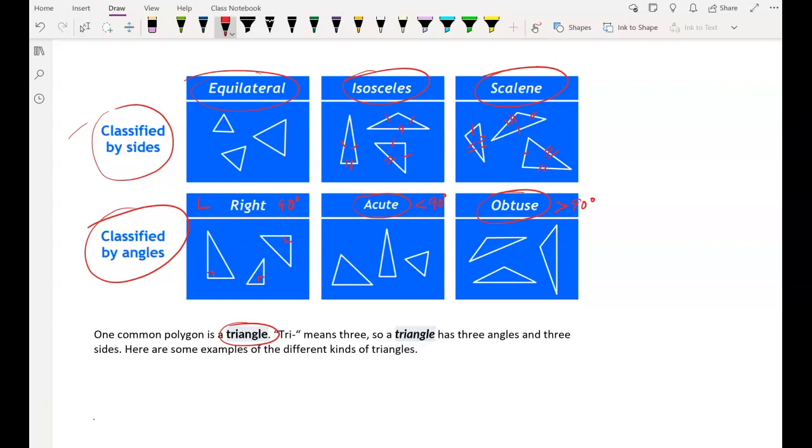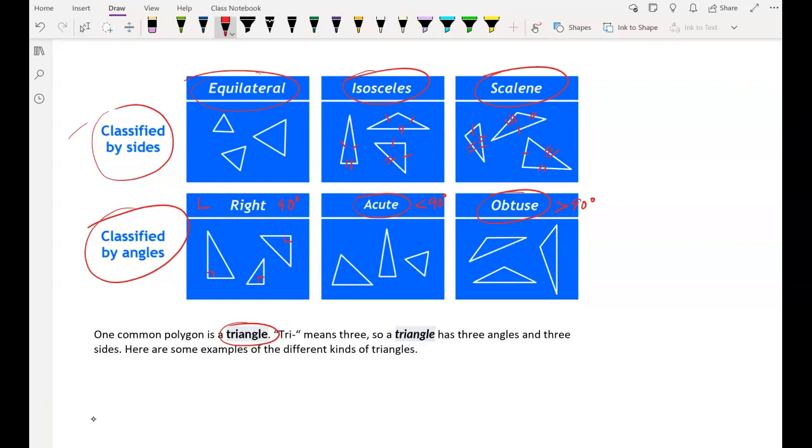Now, when you name triangles, they have a first name and a last name. You can have a right isosceles triangle, a right scalene triangle. An equilateral triangle is by definition acute because all the angles are the same, and they're all less than 90.